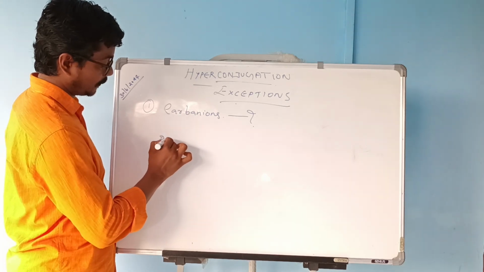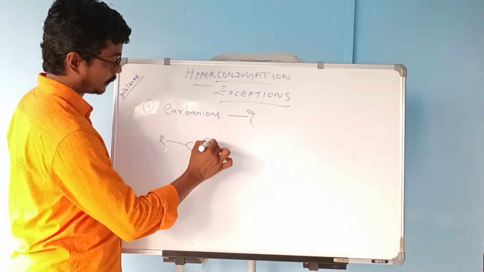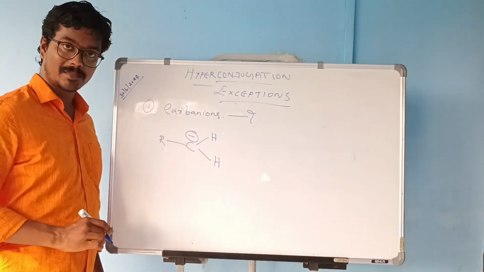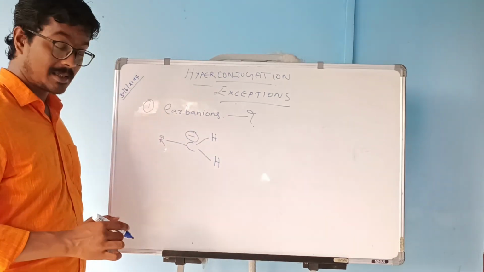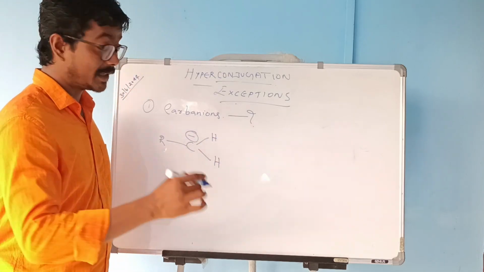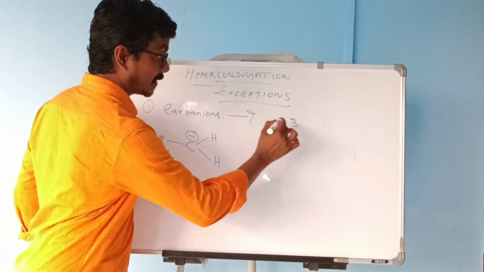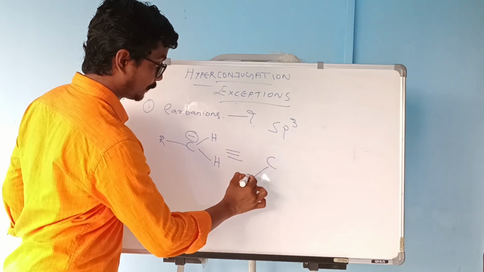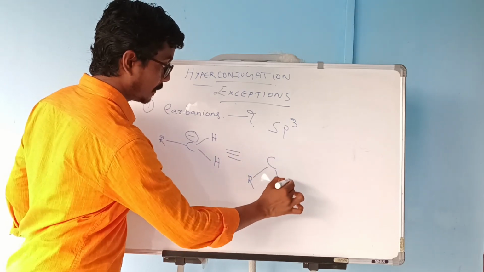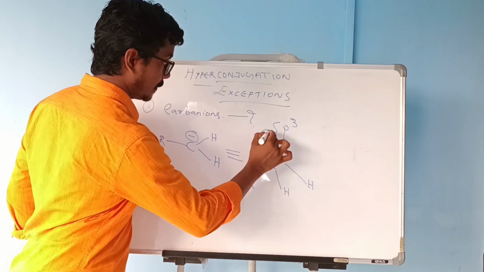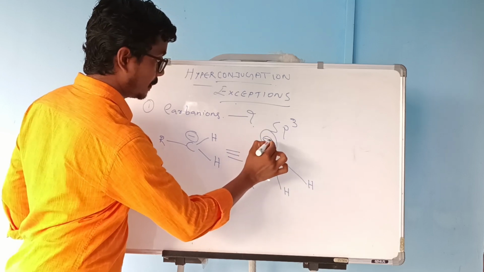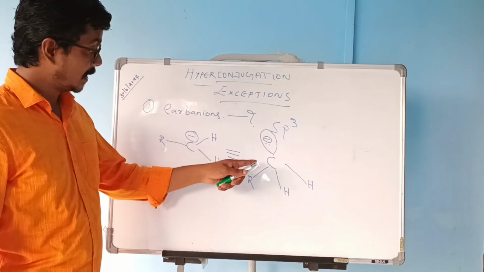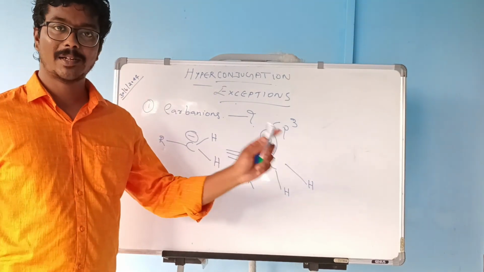An alkyl group, a carbanion, a negative charge is there. What does this negative charge show? Carbanion is always sp3 hybridized, so this can be represented like this. This negative charge means two dots, a lone pair of electrons. So this is the structure of a carbanion.